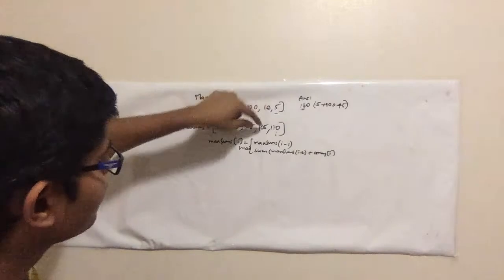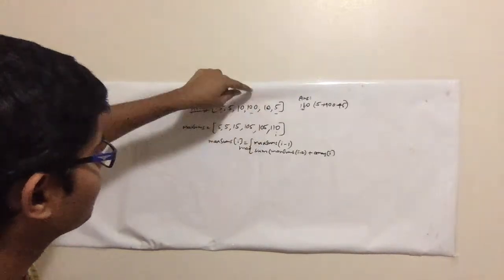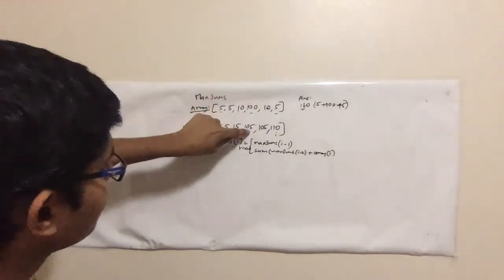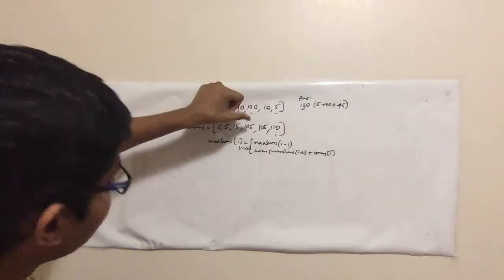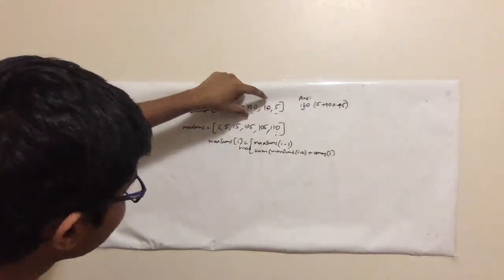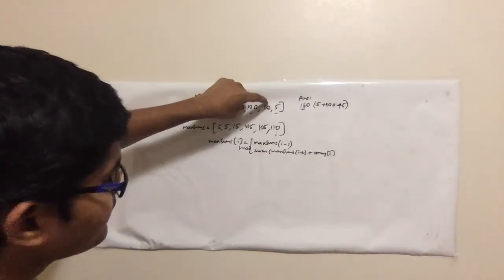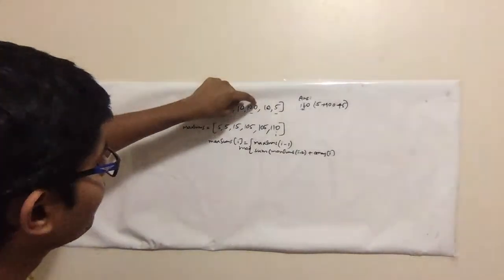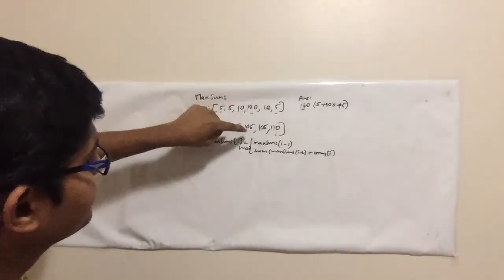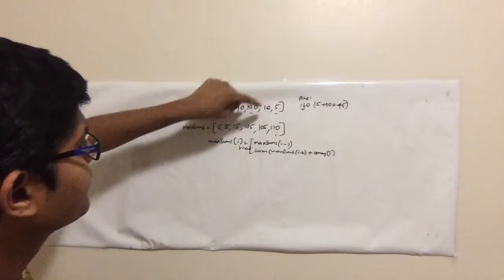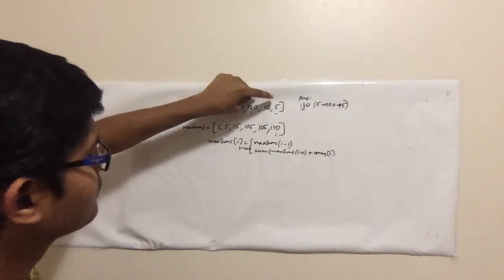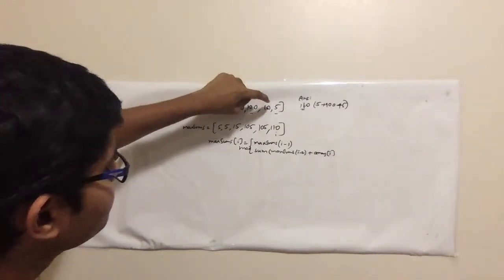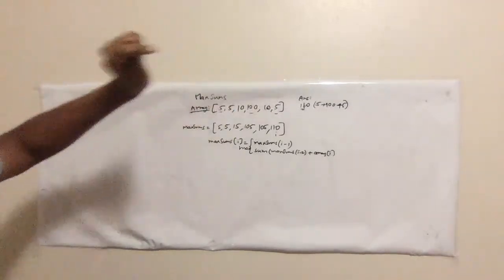So 10 is not present in 105, but 100 is present in 105. So to 105 we cannot add the next element, because we have already considered this 100 in this 105, and we cannot consider this. So the only option we have, if this is not there, is to add this.